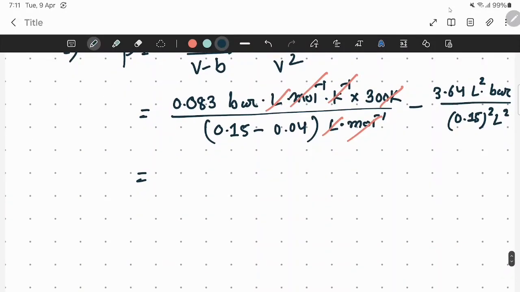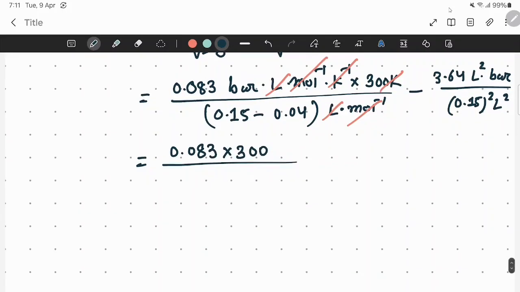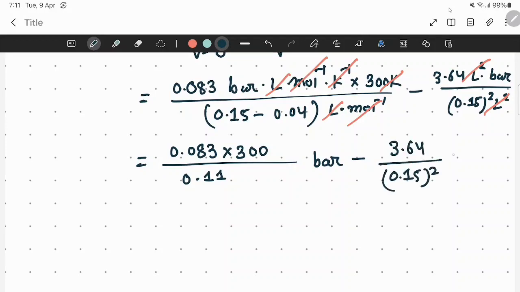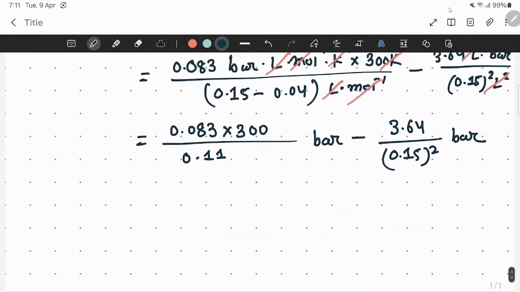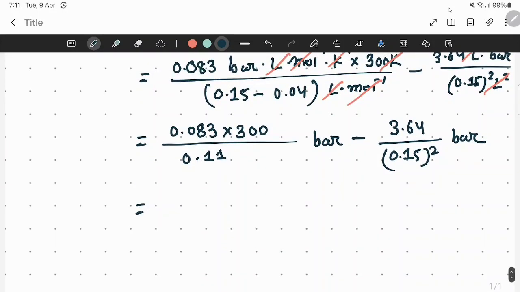So eventually it is 0.083 times 300 divided by 0.11 bar minus 3.64 divided by 0.15 square bar. Now let me calculate it.